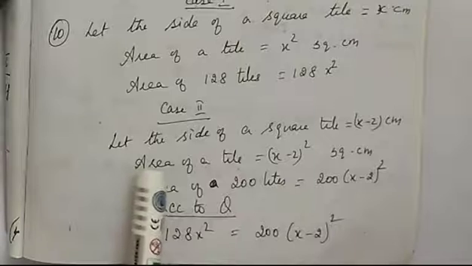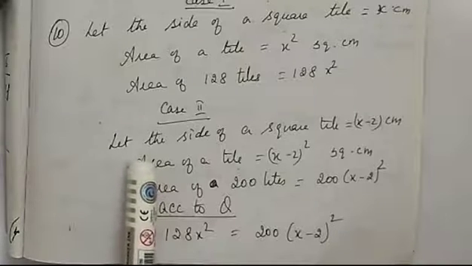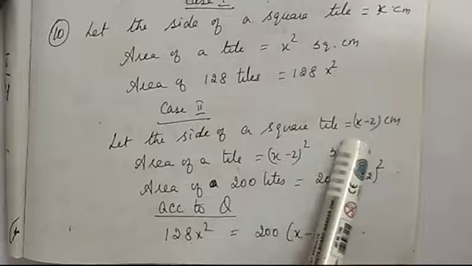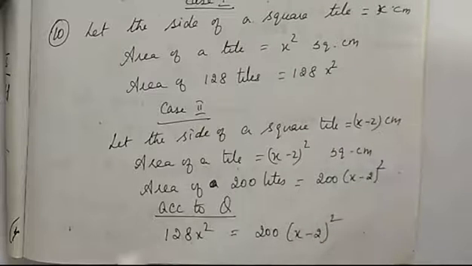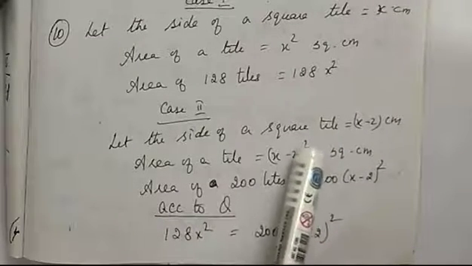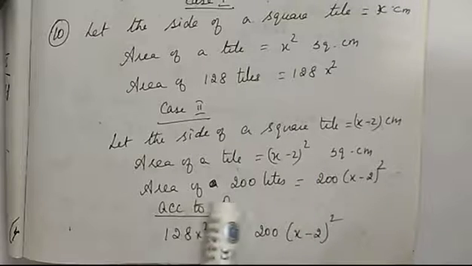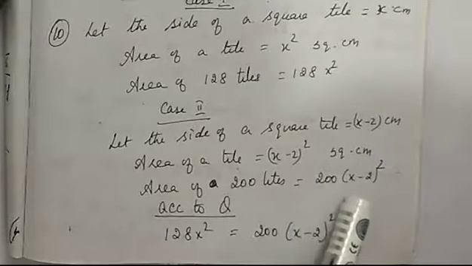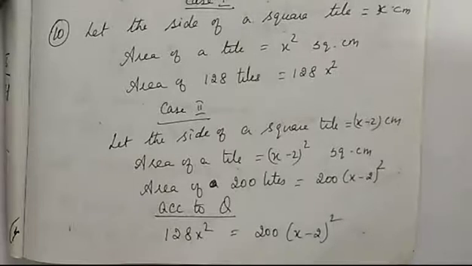Now second, smaller square tiles we have to take. Let the side of the square tile be x minus 2 centimeter and its area (x minus 2) whole square. Area of 200 tiles is equal to 200 into (x minus 2) whole square.